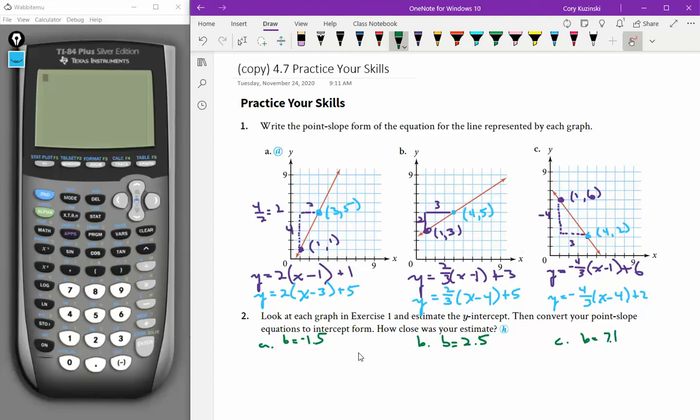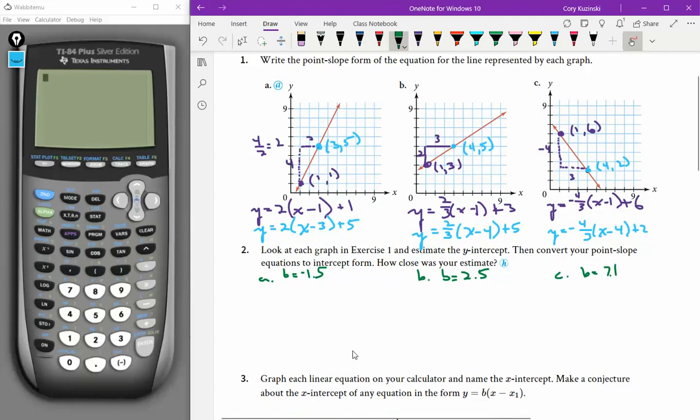All right, and now we're going to actually convert equations into intercept form. We're going to take this blue equation right here. y equals 2 times x minus 3 plus 5. We'll distribute the 2. 2x minus 6 plus 5.